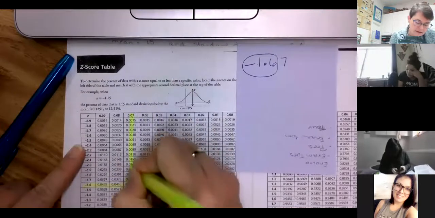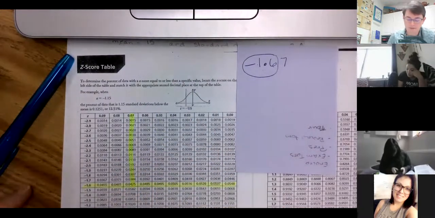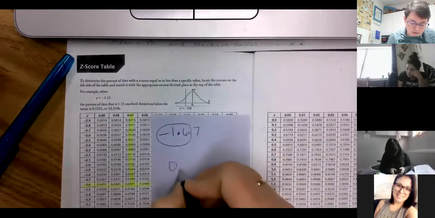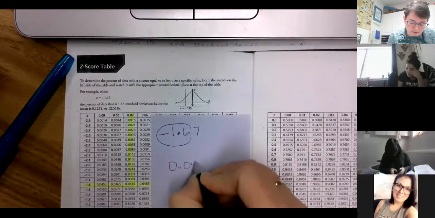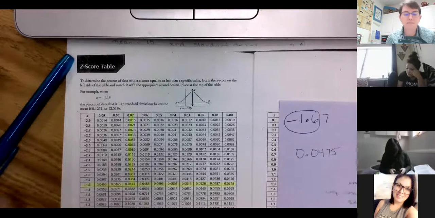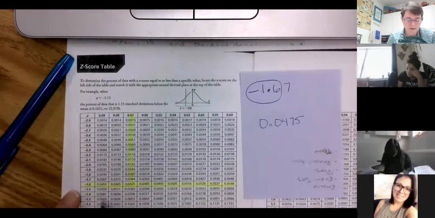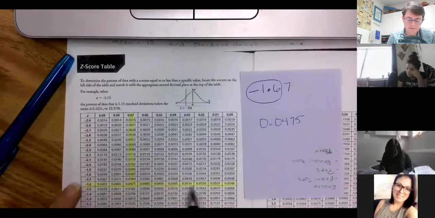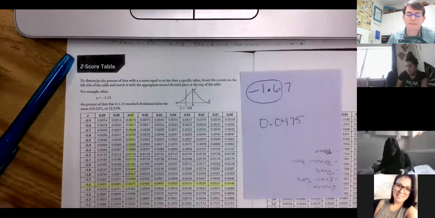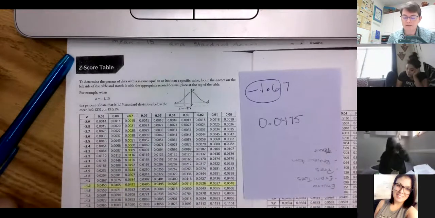And I just connect the two. So 0.0475. So first two numbers are in this column, and the last decimal point is across the top. We'll do a couple more in a minute.